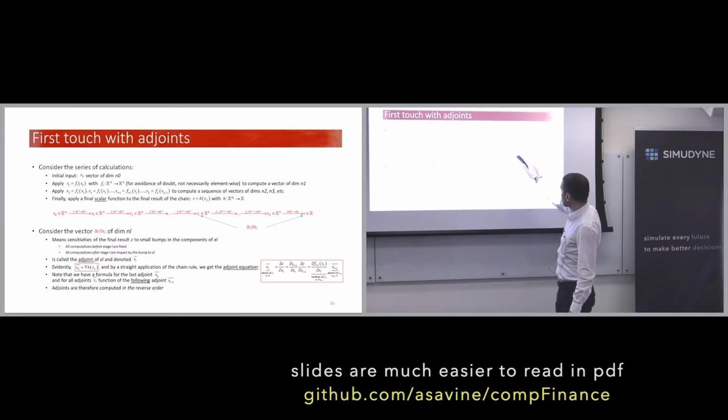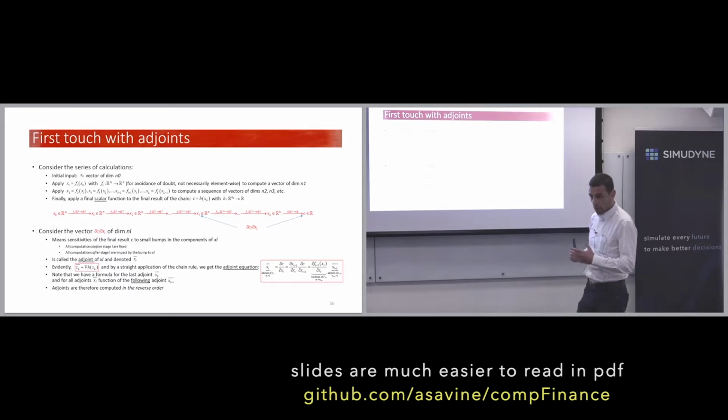And to this vector, we apply a scalar function. And it's important, the last function is scalar because we are looking at sequences of operations whose final result is a real number. Remember, I told you that many, many times. That's the only way AD will work in constant time.